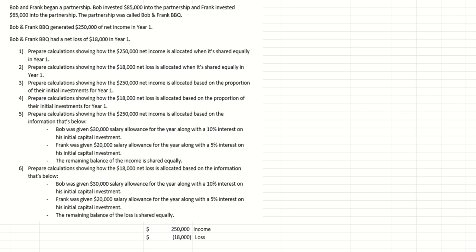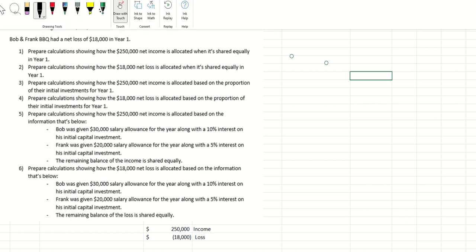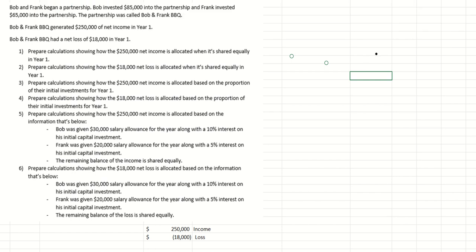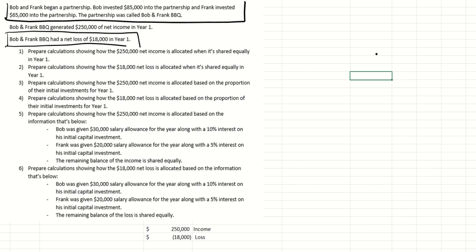I'm going to draw on here so that we can see that we're not focused on the whole problem, just a couple of scenarios. We want to pay attention to this scenario here, and also this portion here, because it gives us our net loss amount of $18,000.